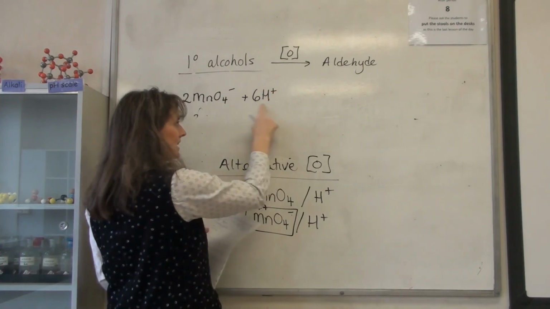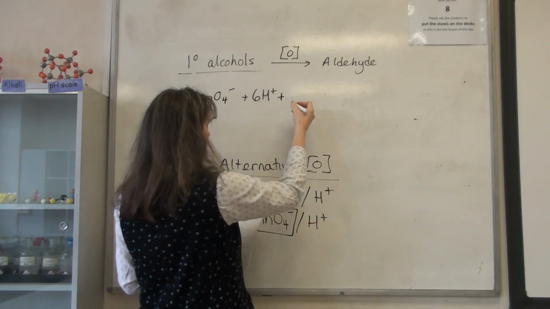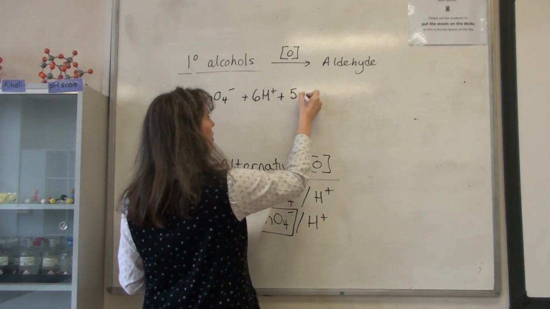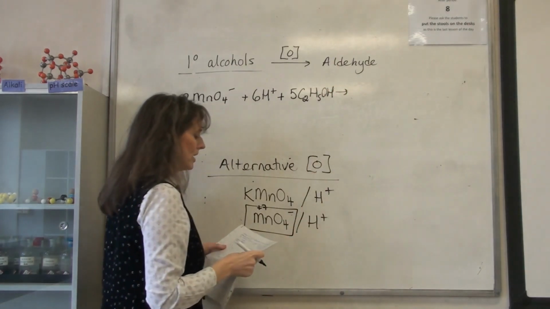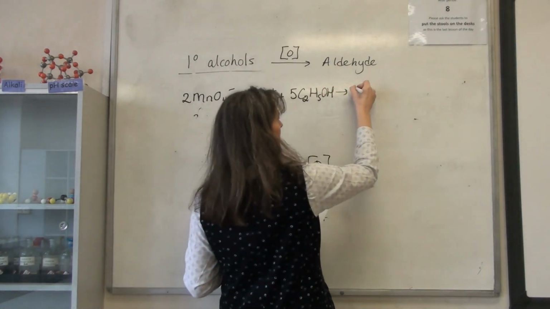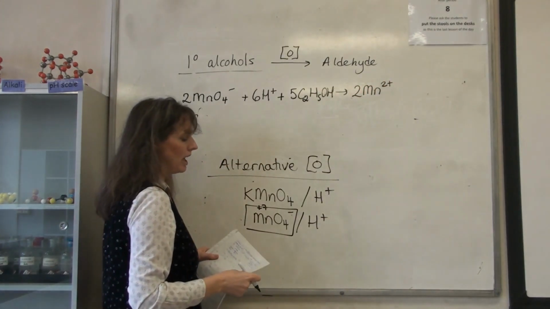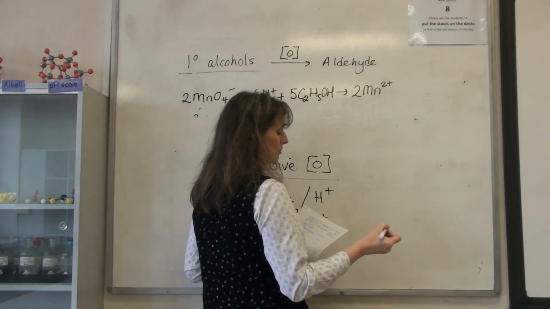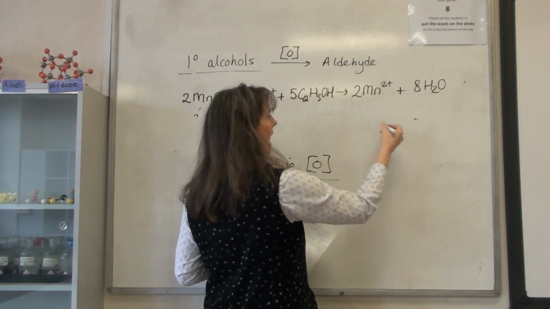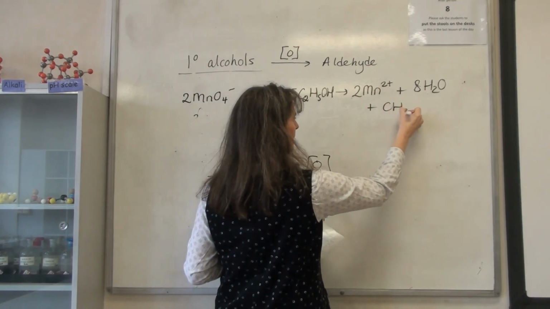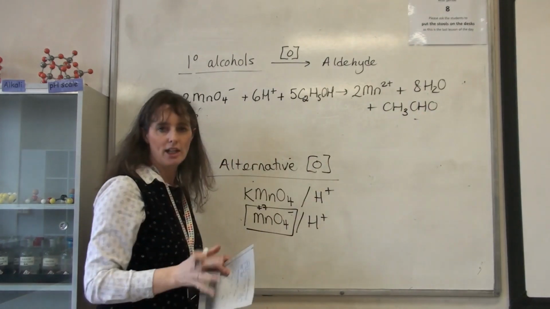You've got to have that acid, it's used up, we require 6 moles of that acid, H+ ion, 5 lots of ethanol will be oxidised, and the manganese goes to the Mn2+, manganese 2+ ion, 8 lots of water are formed, and that is for the formation of the aldehyde again.